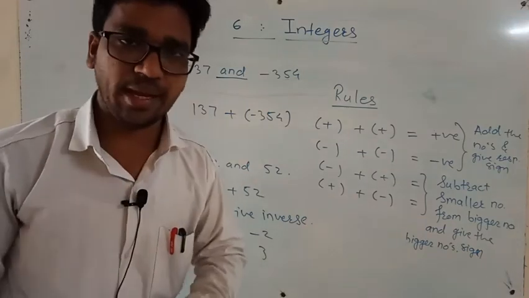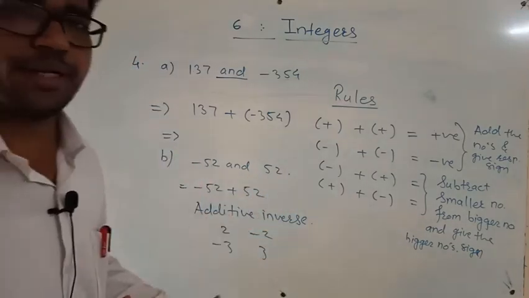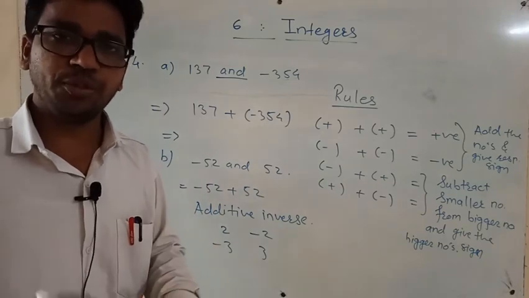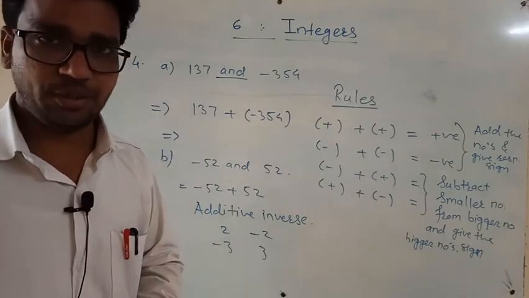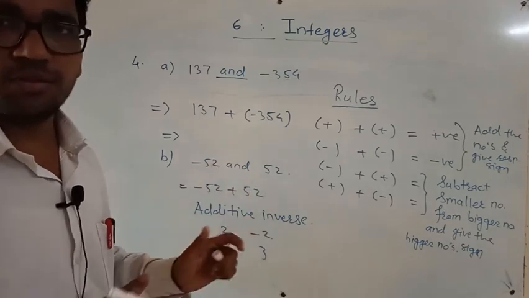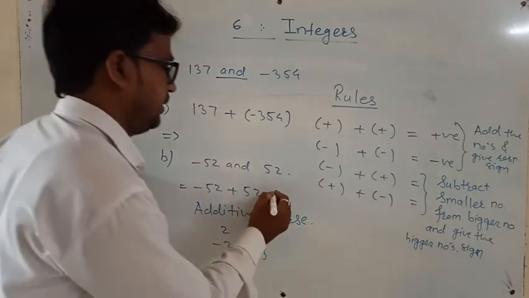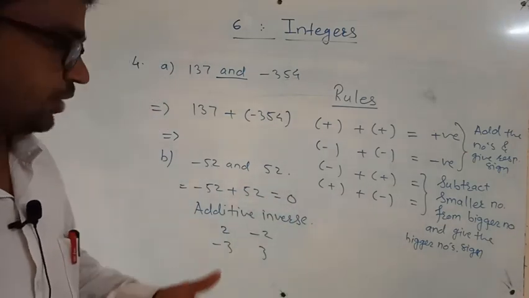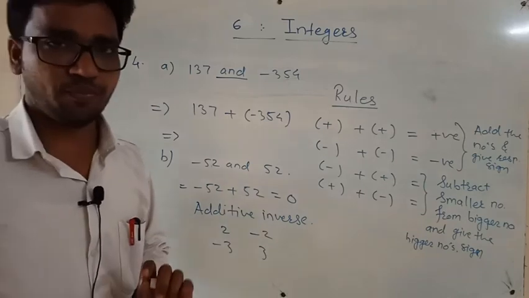Means opposite signs. If the number is negative, then its additive inverse is positive. If the number is positive, then its additive inverse is negative. And if we add any additive inverse, then we get the answer 0. No need to do calculation here. So the answer will be 0.